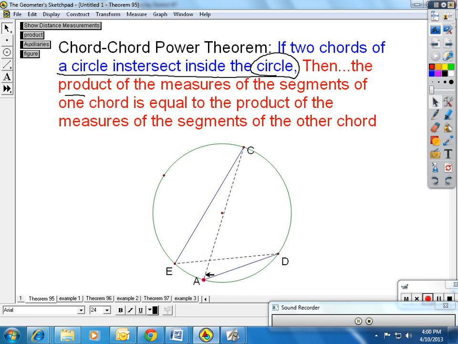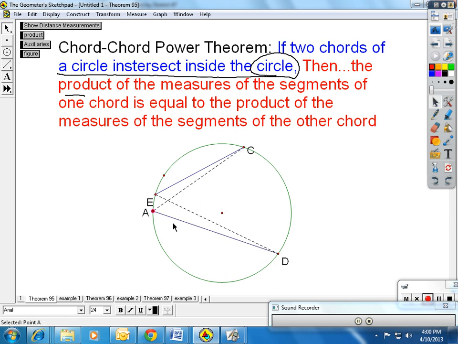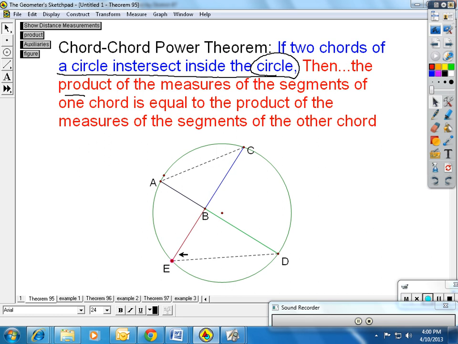And those are these auxiliaries right here, A to C and E to D. Why is that the case? Let's take a look at what that brings. Just by putting those two simple auxiliaries in, we can see that this arc is shared by this inscribed angle and this inscribed angle.